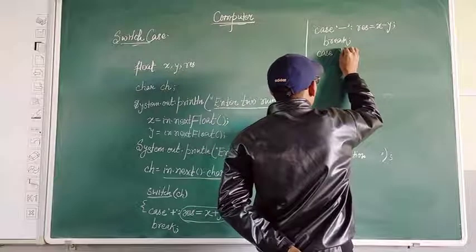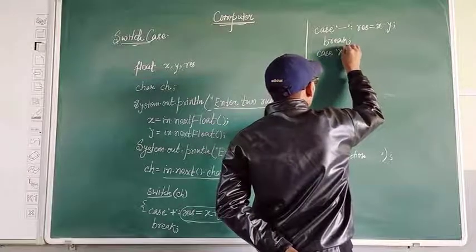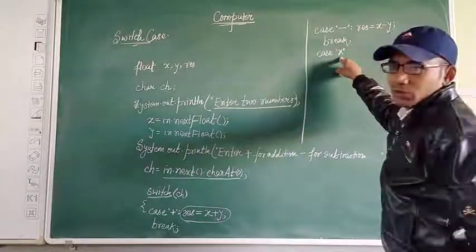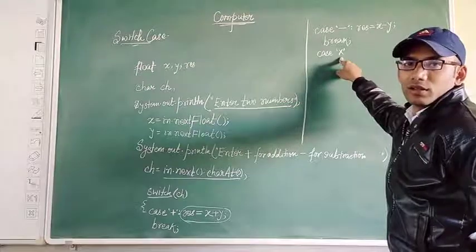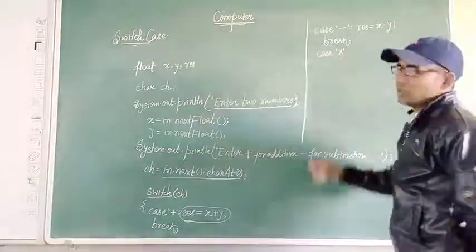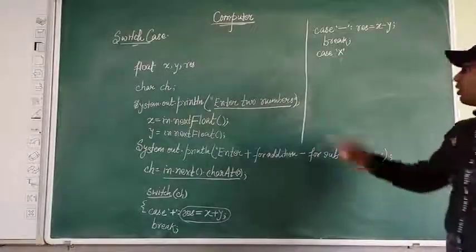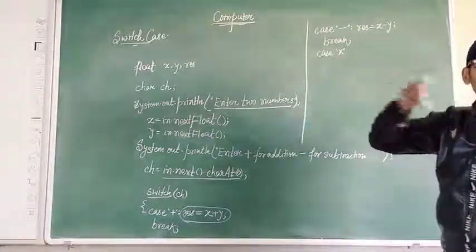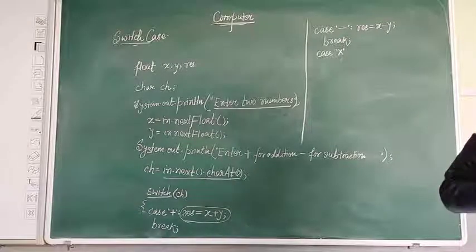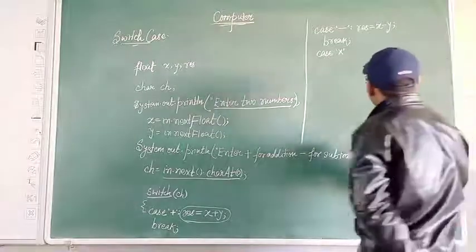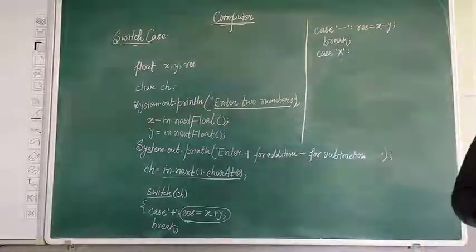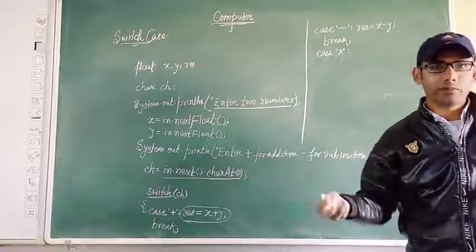Case multiplication sign. We usually call it the multiplication sign, right? But in the computer, this sign is not available. Instead, the alphabet X is available. So now the tricky part is that we are making the user feel comfortable.